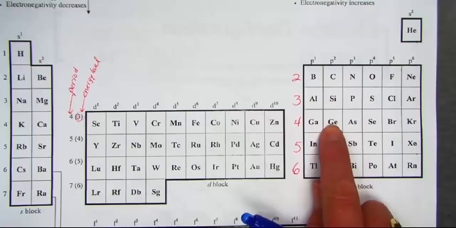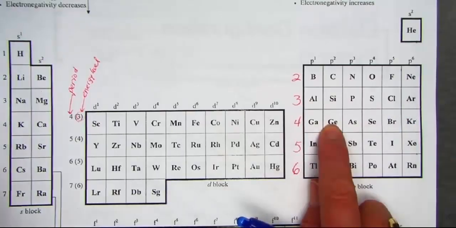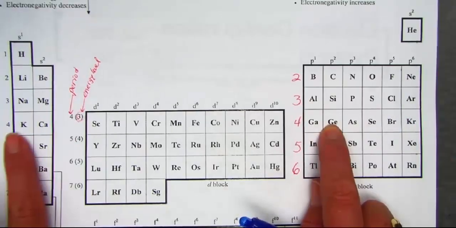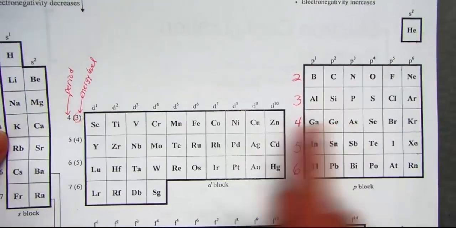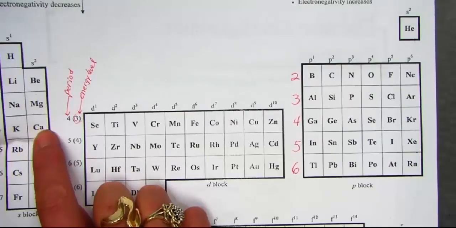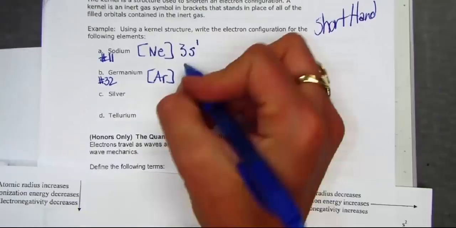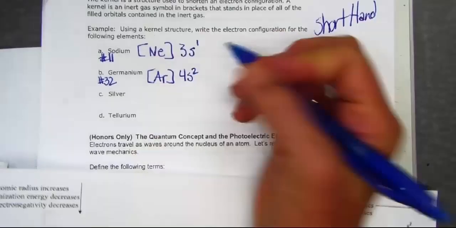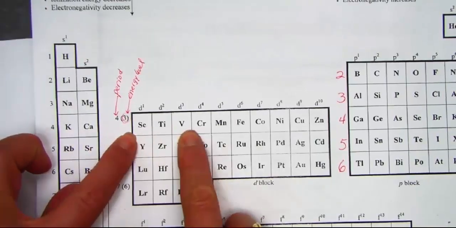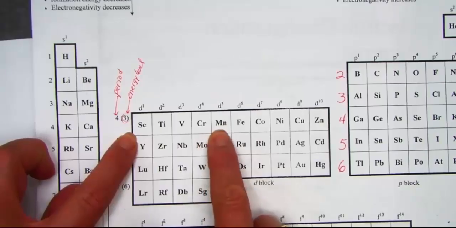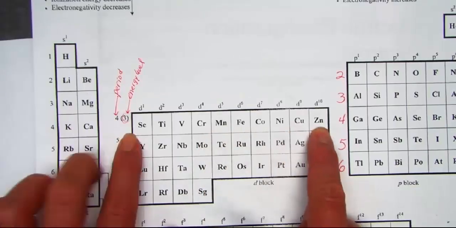Here's our target, germanium. We just passed through argon. Notice how we hit the fourth period? We go through the S block. And here's my target. I got to pass through the S block of the fourth period, 4s2. I then hit this row, scandium, titanium, vanadium, chromium, manganese, looking all the way down to zinc.